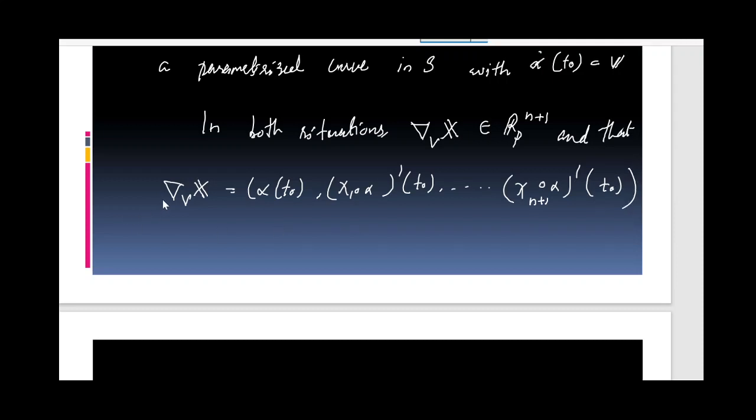So this is your del_v of x. This can also be written as (p, del_v x1, etc., del_v x_(n+1)), since alpha of t naught is p, where the x's are components of x, where x equals (p, x1, x2, etc., xn).